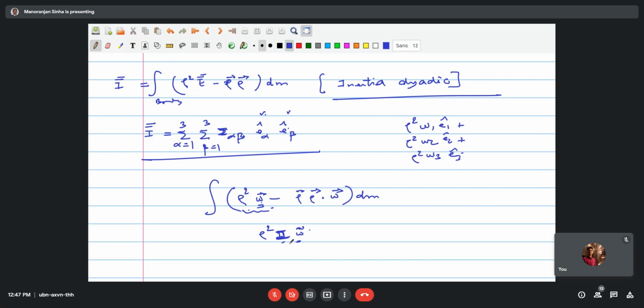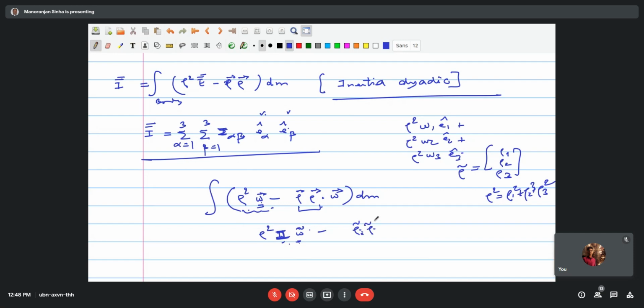So if we go for the matrix notation, then we can put it this way, and this part becomes rho tilde, and here we write tilde to indicate this is a vector of the form rho 1, rho 2, rho 3. This is your rho tilde vector, where rho square is rho 1 square plus rho 2 square plus rho 3 square.